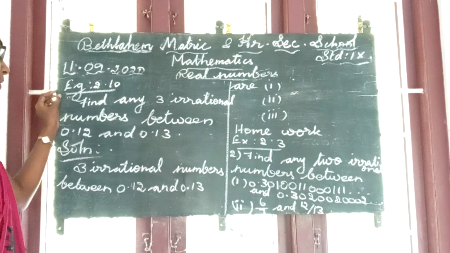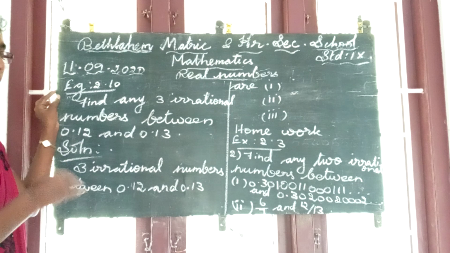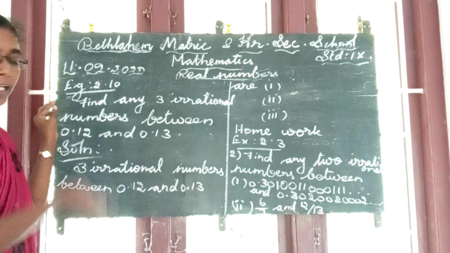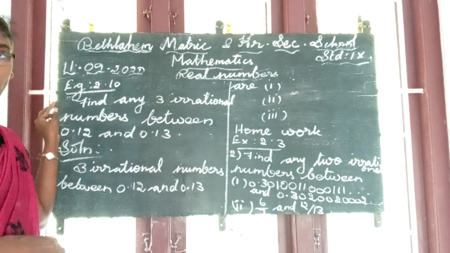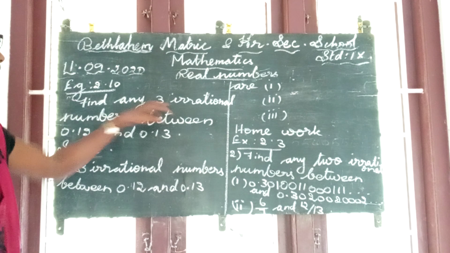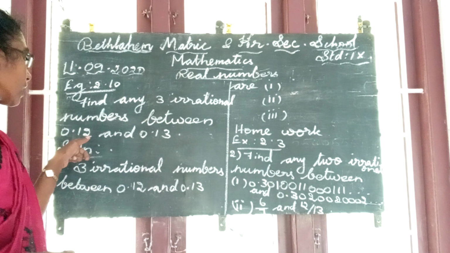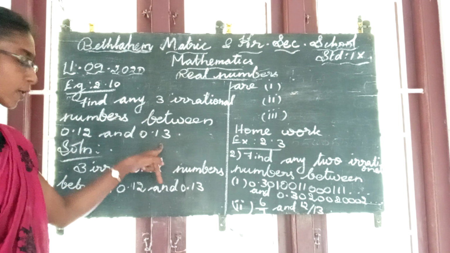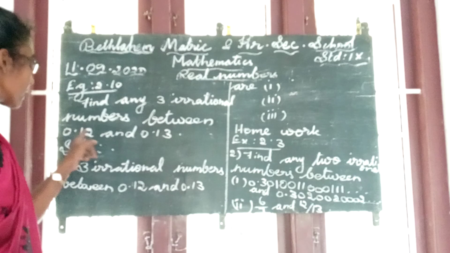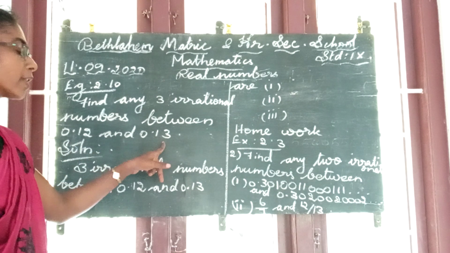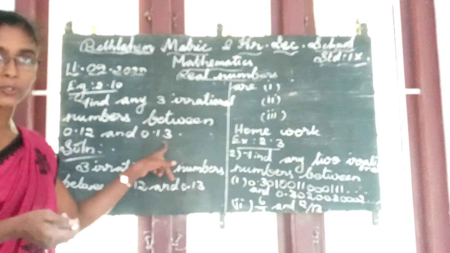Example 2.10. Example 2.9 I will teach next class. Now I am taking example 2.10. Find any three irrational numbers between 0.12 and 0.13. You know that 0.12 and 0.13 are rational numbers.